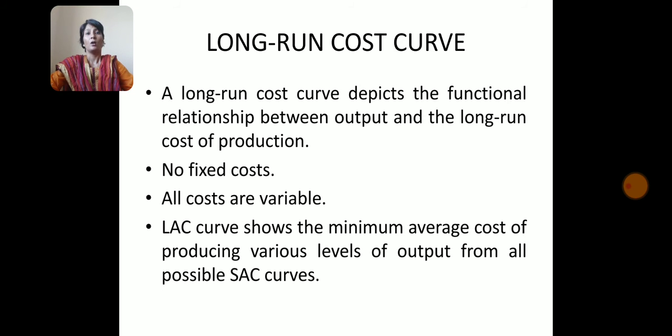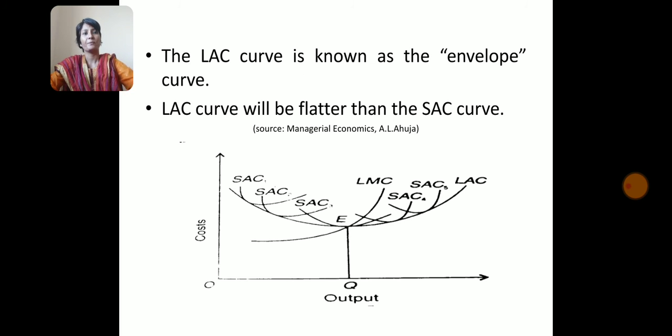LAC, that is long run average cost curve, shows the minimum average cost of producing various levels of output from all possible short run average cost curves. So LAC can be derived from the short run average cost curves.